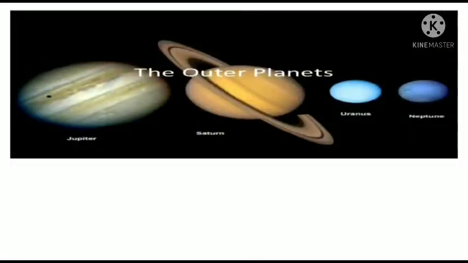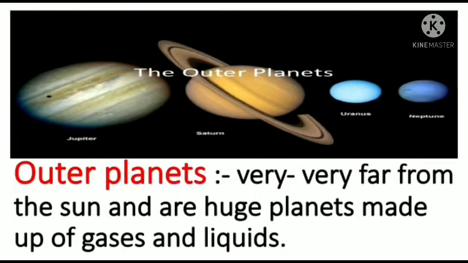Next, Jupiter, Saturn, Uranus and Neptune, okay. These planets are known as the outer planets because, students, they are far away from the Sun, very far from the Sun, and they are huge planets made up of gases and liquids. So two questions are emerging from here, inner planets and outer planets.